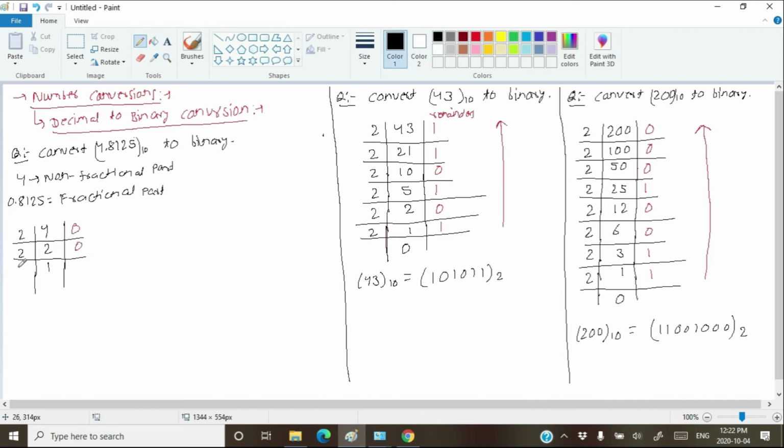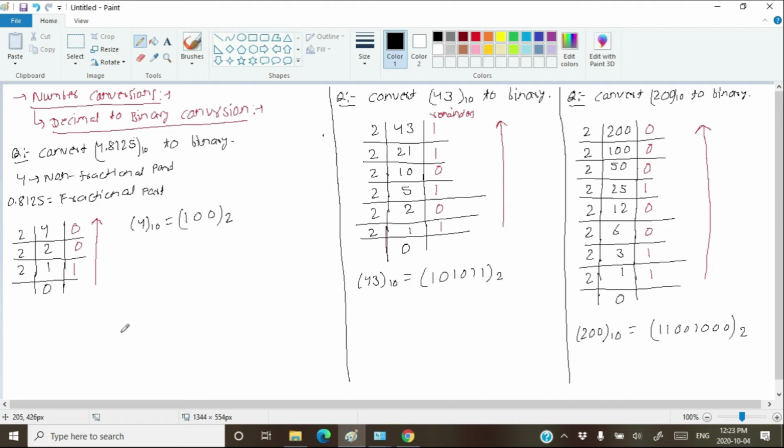Again you divide the latest quotient, that is 1, by 2, you get 0 as the quotient and 1 as the remainder. Since you got 0 as the quotient, that's where you stop the division and take the remainders from bottom to top. That will be the binary equivalent of 4. So the binary equivalent of 4 is 1, 0, 0.